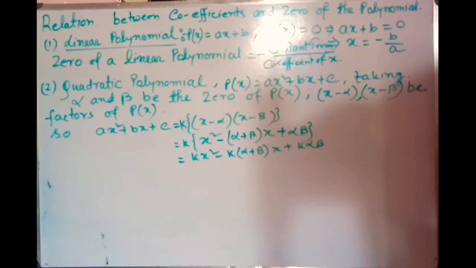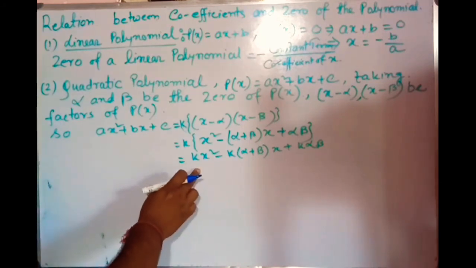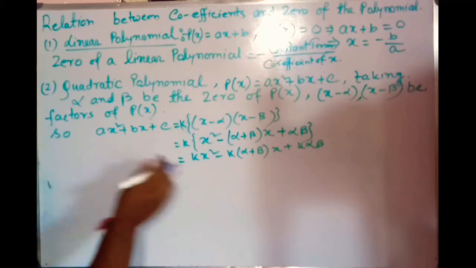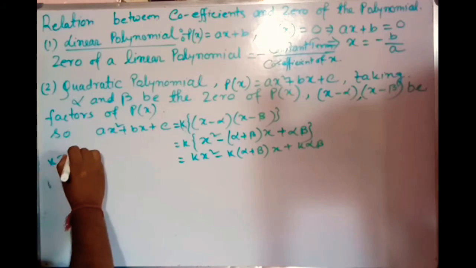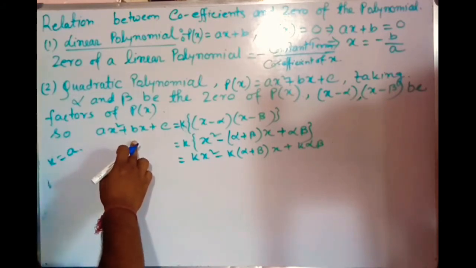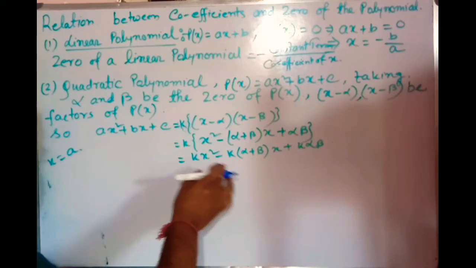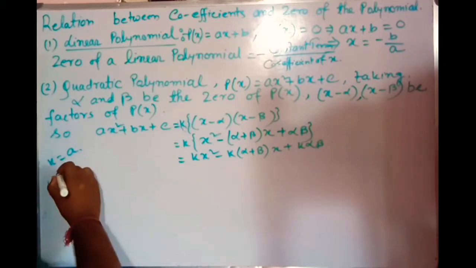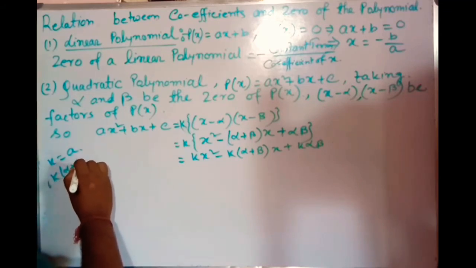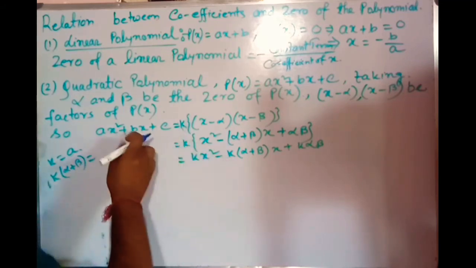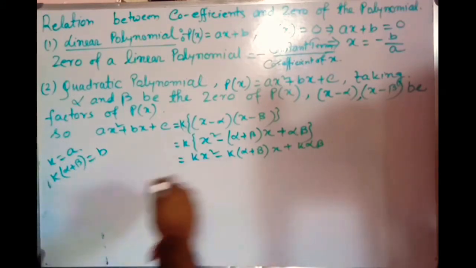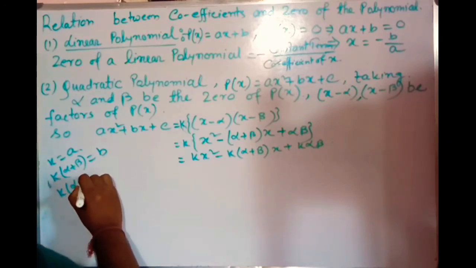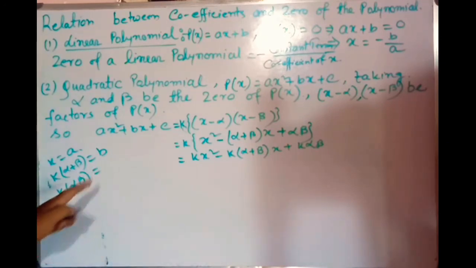Comparing the coefficients on both sides, we are getting k is equal to a, k into (alpha plus beta) is equal to b, and k alpha beta is equal to c.